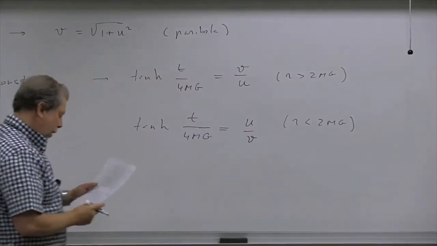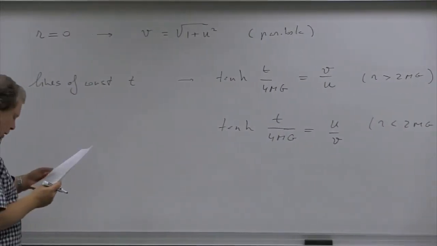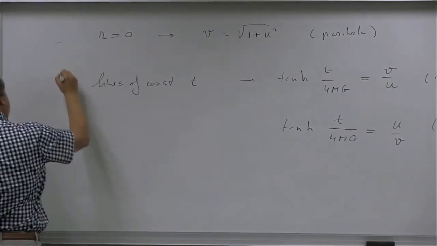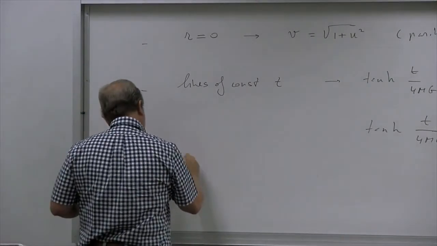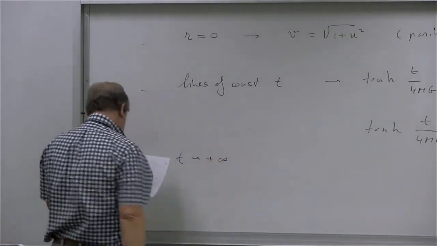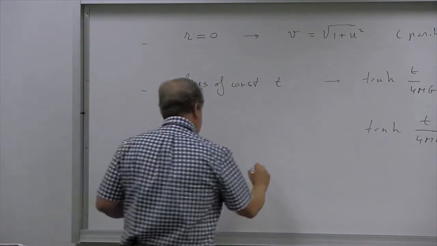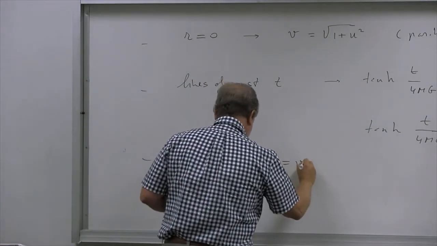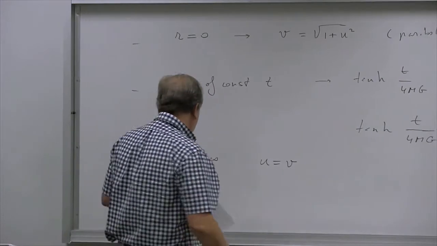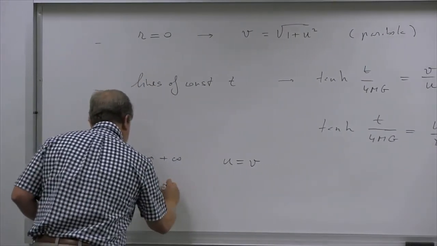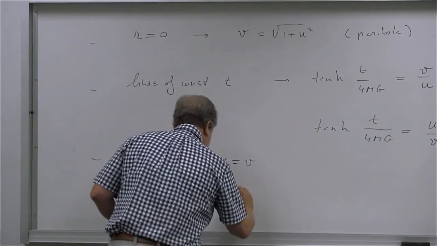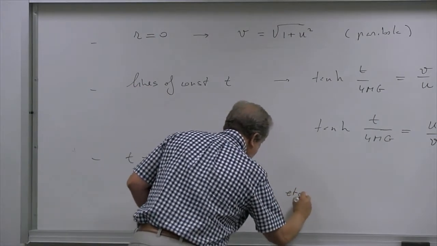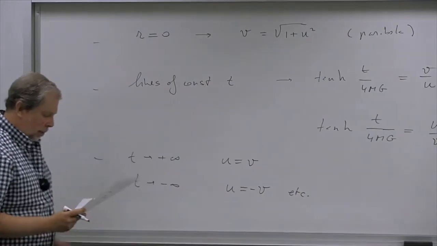So you can work out a few things, and you notice, for example, that when t goes to plus infinity, then u becomes the same as v, and when t goes to minus infinity, u becomes minus v, right, etc. So you can map one coordinate system into the other.